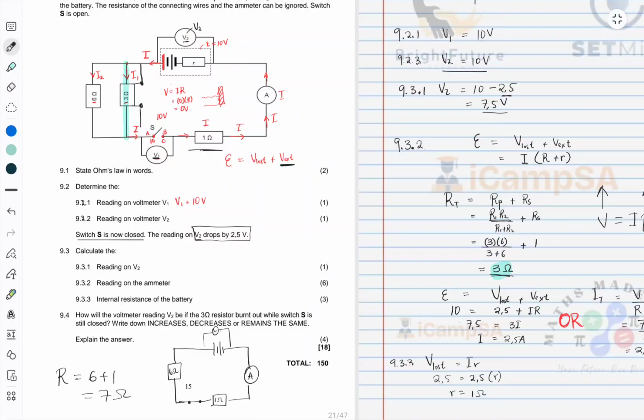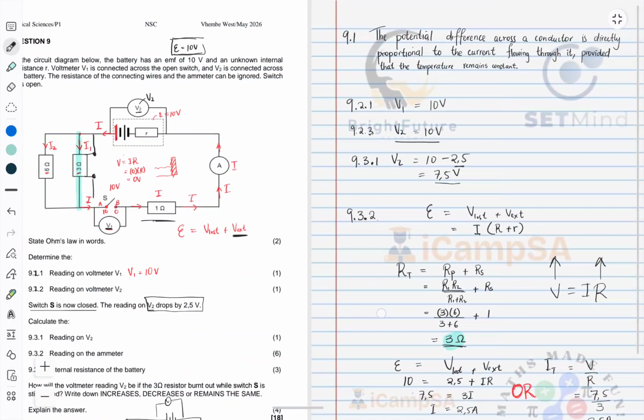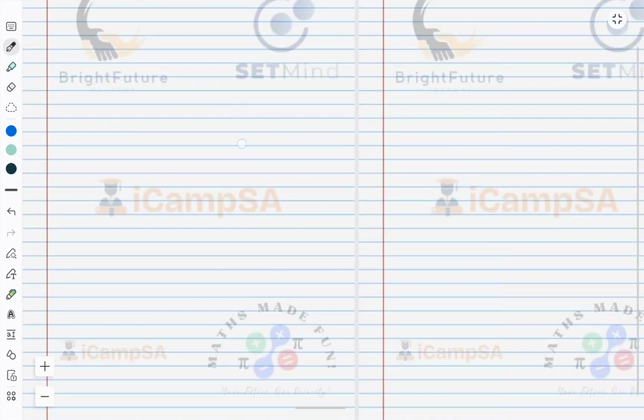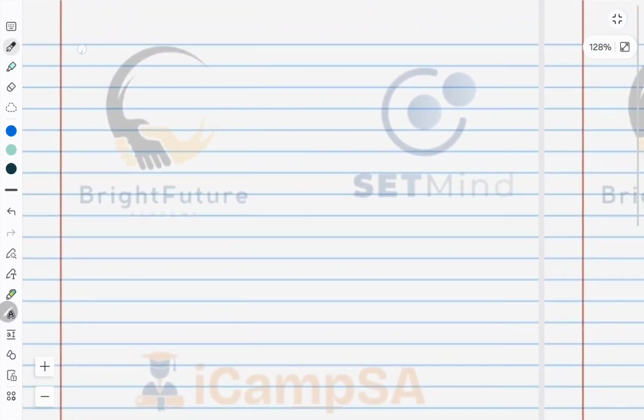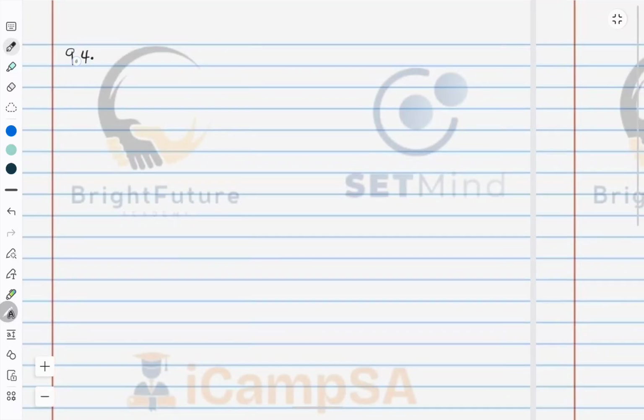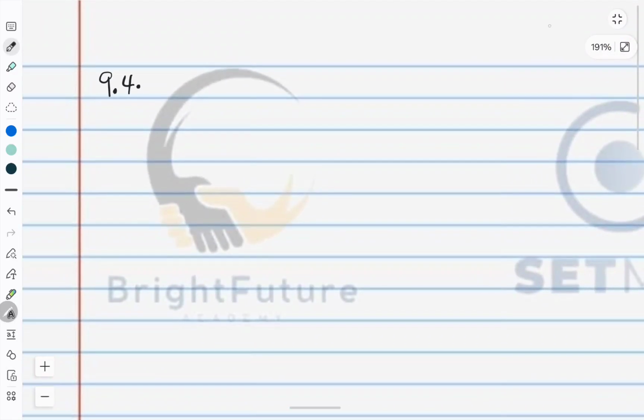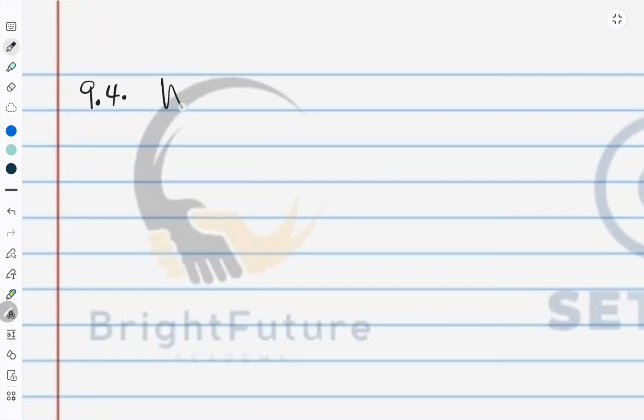Here you just use Ohm's law to answer this question. So let me write down what you could have said. Is it 9.4? Okay, let's do it. 9.4. When the 3 ohm resistor burns out, this is going to be a long paragraph, but you will get the idea. It becomes an open circuit.